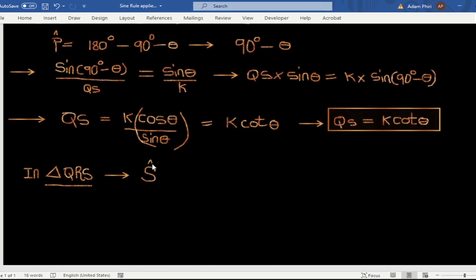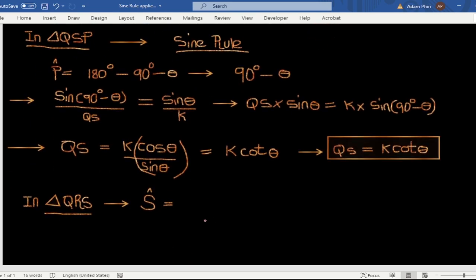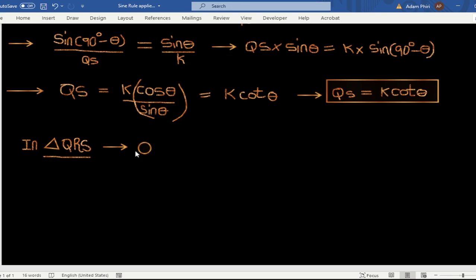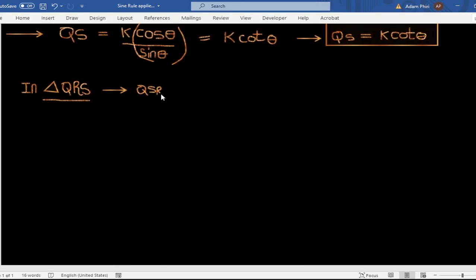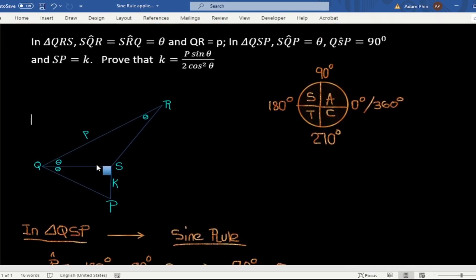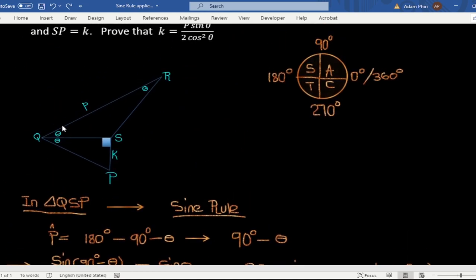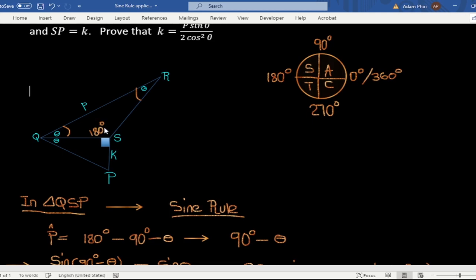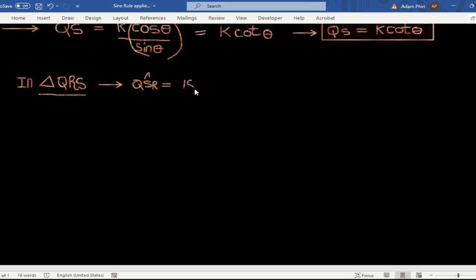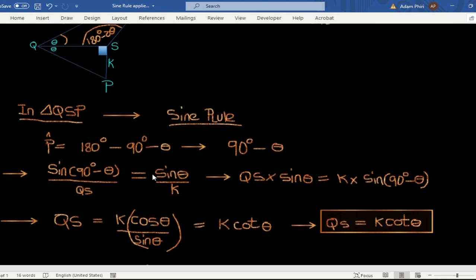So that part there will mean that we have angle S. So angle QSR, which is angle S, is going to be, remember we have 2 theta there, so that one will be 180 minus 2 theta as our angle for S, QSR. And then we have 180 degrees minus 2 theta.